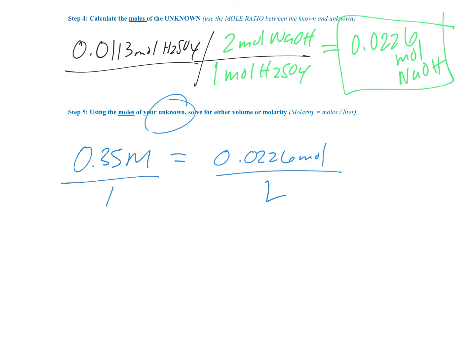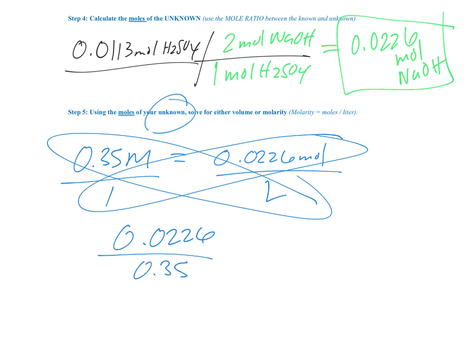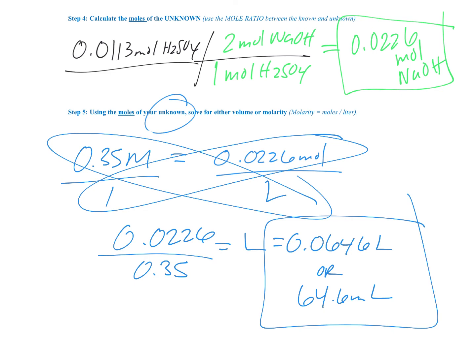So I put something over 1, so I have fraction equals a fraction, so I can cross multiply and divide. So 0.0226 times 1 is the same number, divided by 0.35 will give us our volume in liters, which comes out to be 0.0646 liters, or if you wanted to convert back into milliliters, multiplying it by 1,000, you'd have 64.6 milliliters. So this would be the volume needed to reach the equivalence point.